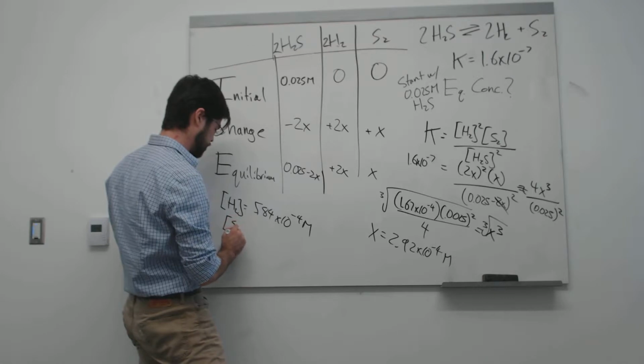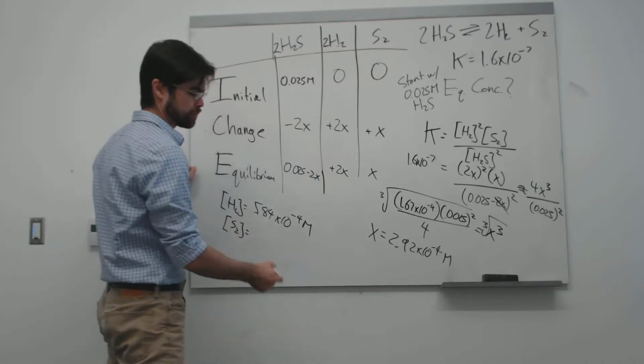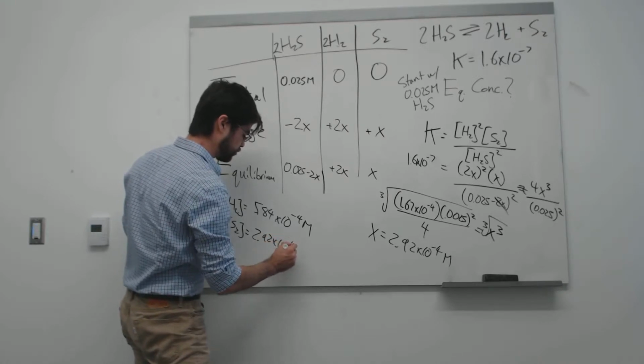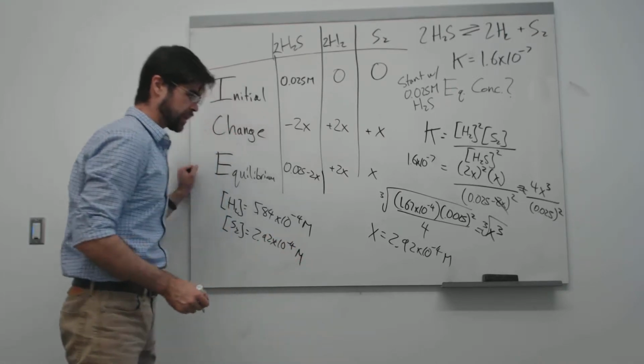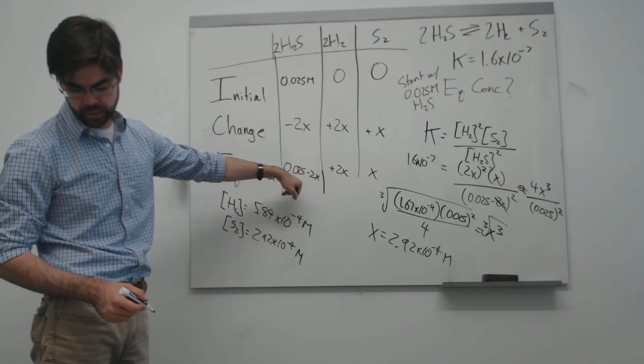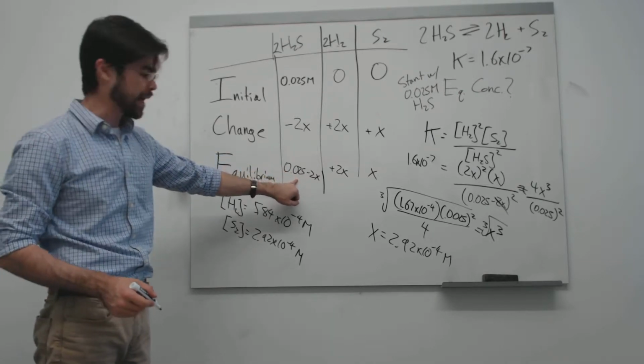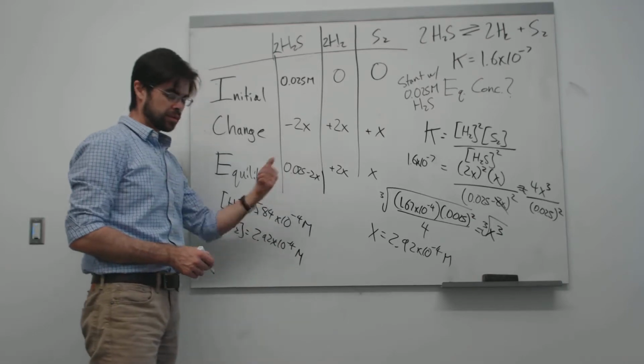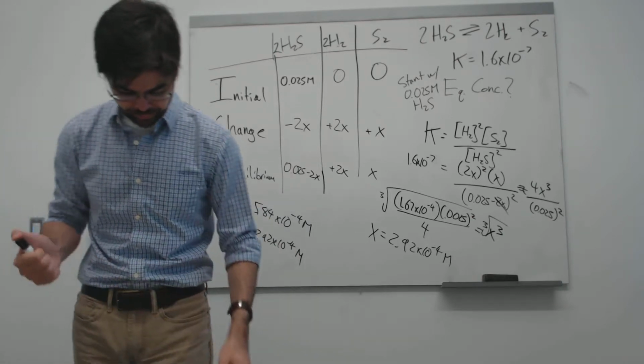The concentration of the sulfur ends up being 2.92 times 10 to the negative 4 molar. And then the equilibrium concentration of H2S, I'll just assert to you, is going to be about 0.025. So you can calculate that yourself.